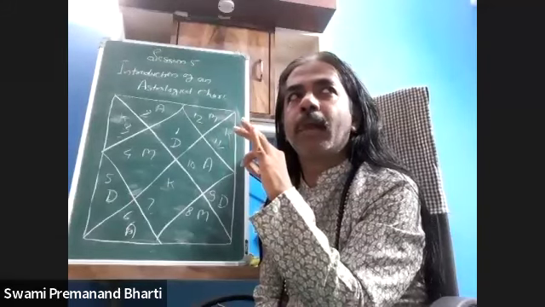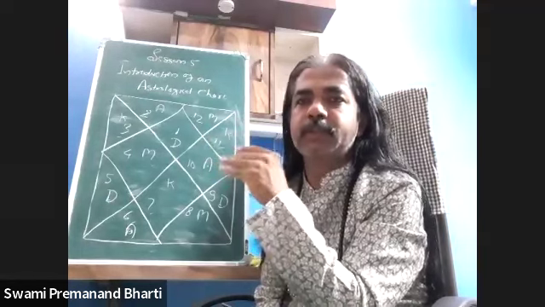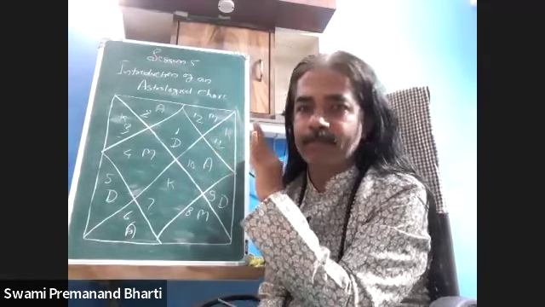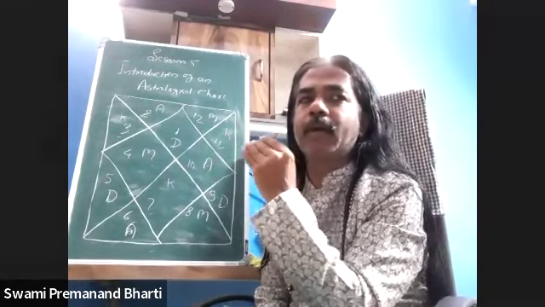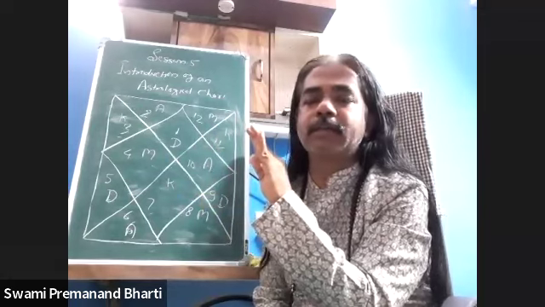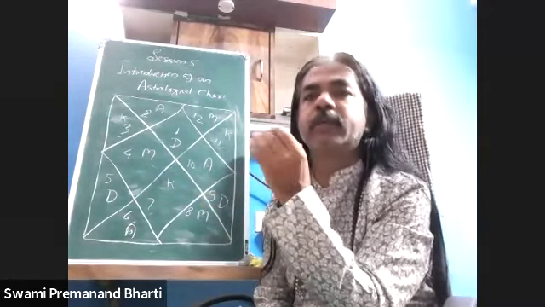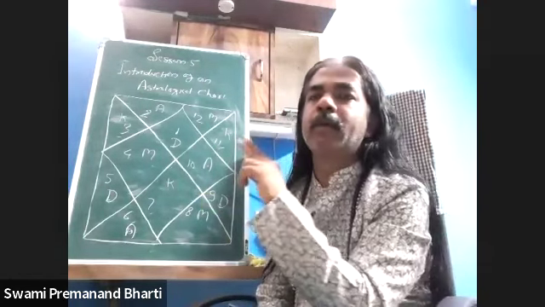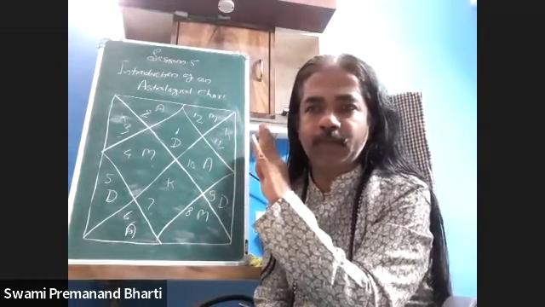So there are three gunas of nature: tamas, rajas, sattva. Tamas is the destructive force, rajas is the creative force, and sattva is the sustaining force. We can also say tamas is body level, rajas is mind level, sattva is soul level.